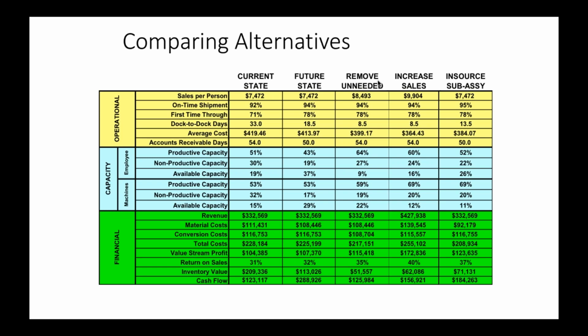What does sales and marketing have to do to bring that demand, turn that into actual orders? As you're looking at long-term planning in a value stream, compare your alternatives and have a logical, rational discussion about which one we think will occur.